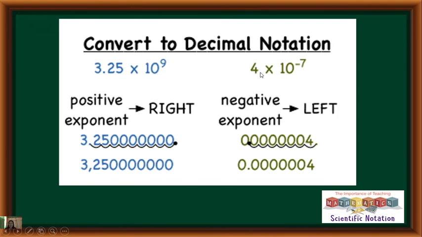So in 4, the decimal point is right after 4. So that is 7 times to the left. You move the decimal point 7 times going to the left. 1, 2, 3, 4, 5, 6, 7.